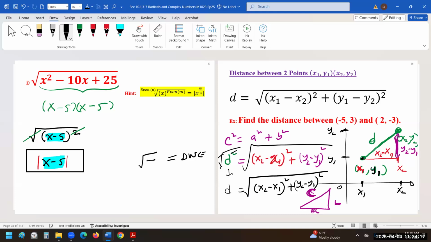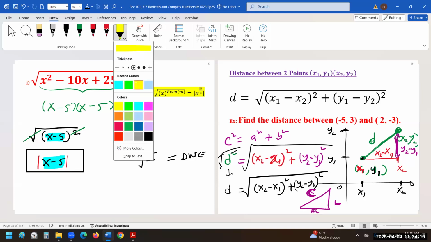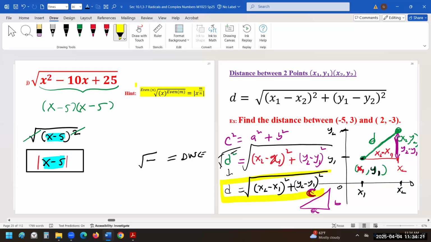And this is the distance formula. X2 minus X1 or X1 minus X2, it doesn't matter, because when you square them, the difference automatically becomes positive. So either you memorize the formula or you derive the formula.